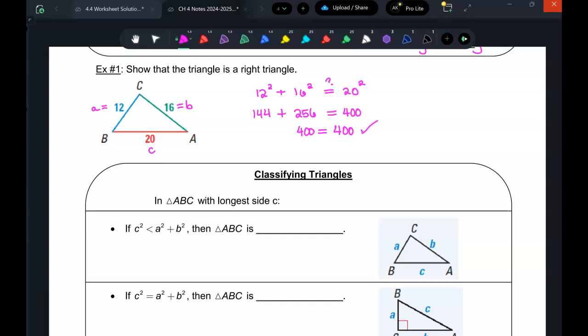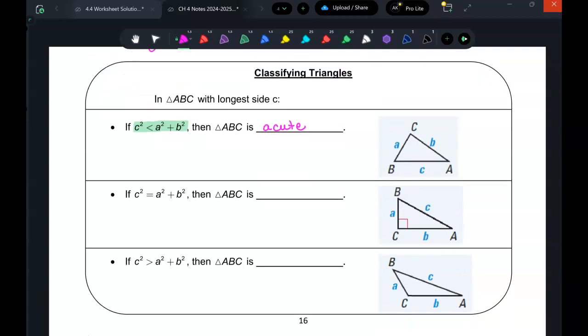When we think of acute, we think smaller than 90. So if c squared is less than a squared plus b squared, then it's an acute triangle. If c squared equals a squared plus b squared, it's a right triangle.